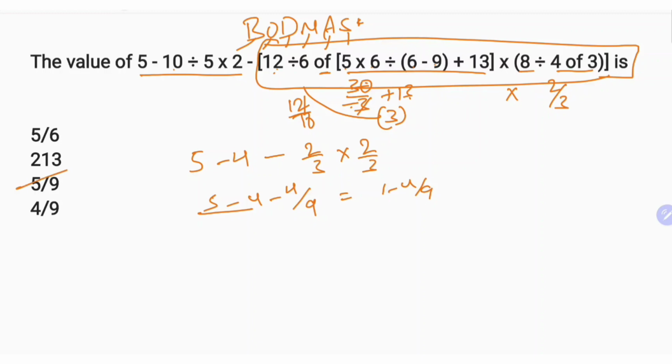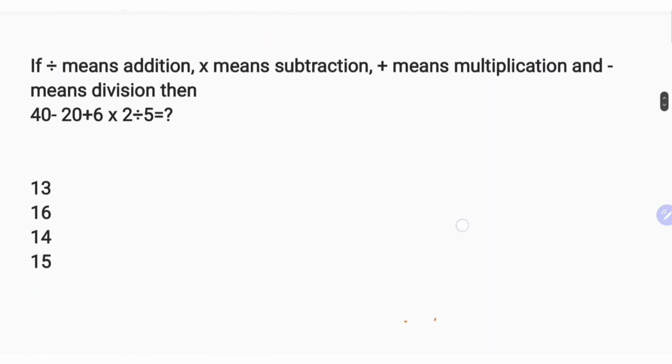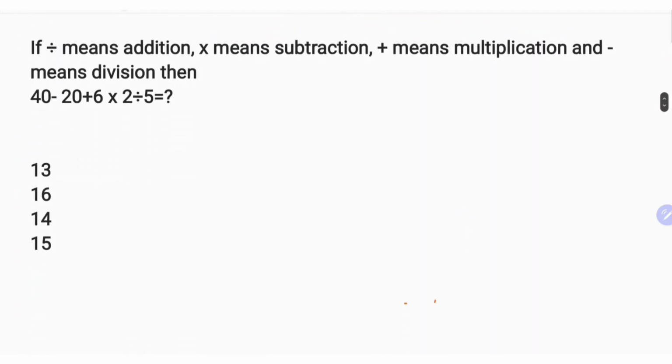And coming to the next question, it is generally a reasoning section question, but you understand the concept. Here divided by means addition, multiplication means subtraction, addition means multiplication, and subtraction means division.